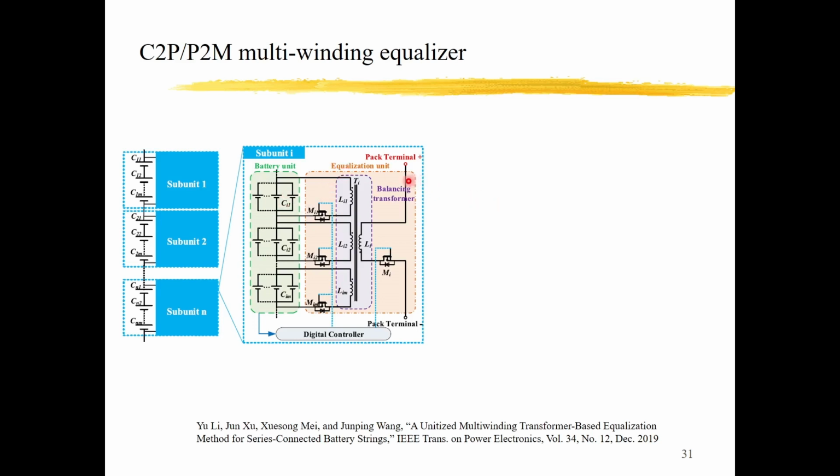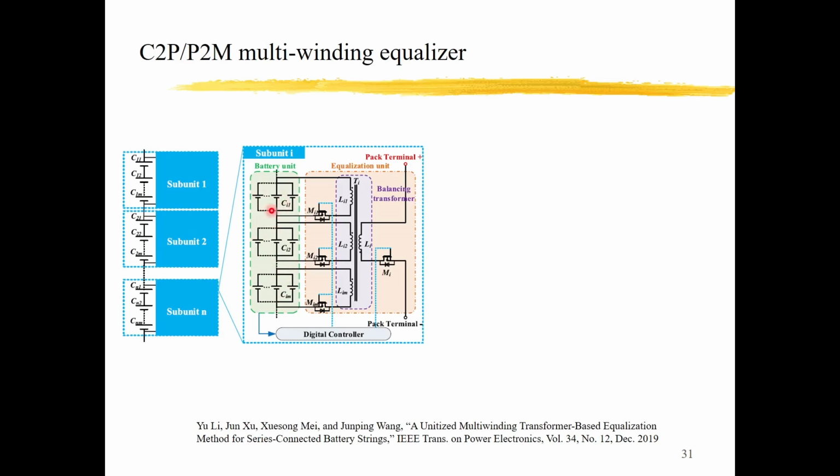And we can do the other direction. We can turn on this switch. If we turn on this switch, then the energy will be transferred from the whole pack into the transformer here, and then transferred to the module. When it is transferred to the module, it depends on the SOCs of the cells.